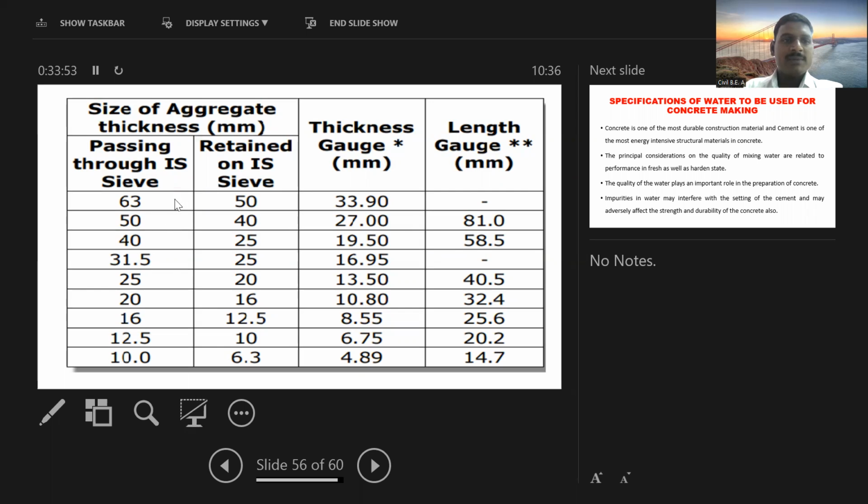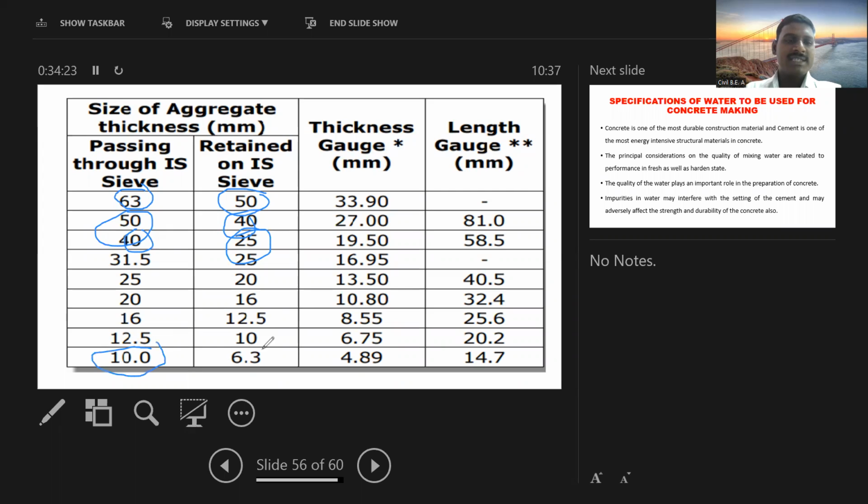So if we see the aggregate which is passing from the 63 mm, some of the aggregate will be retained. If 100% passes from the 63, some amount of aggregate will be retained on 50 mm. Some amount will pass 50, which will be retained on the 40. Likewise, passing 40 and retaining 25.